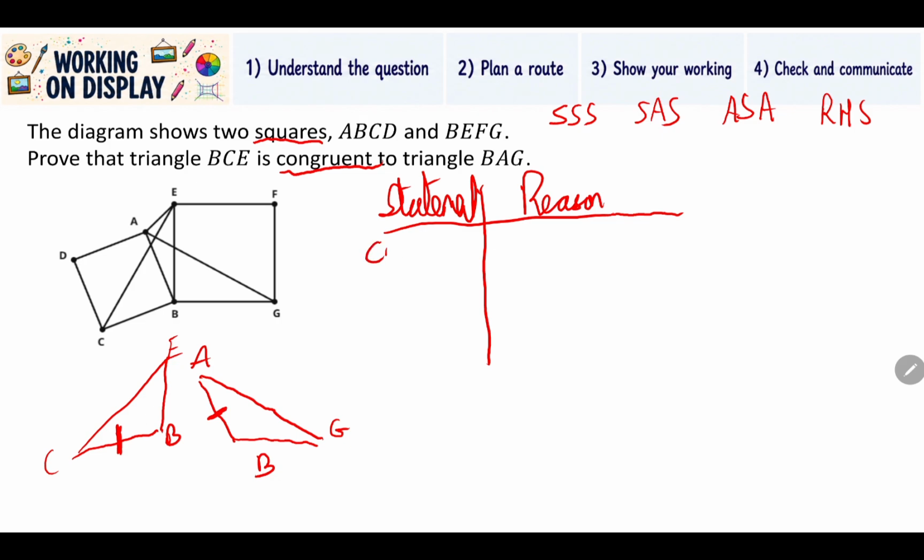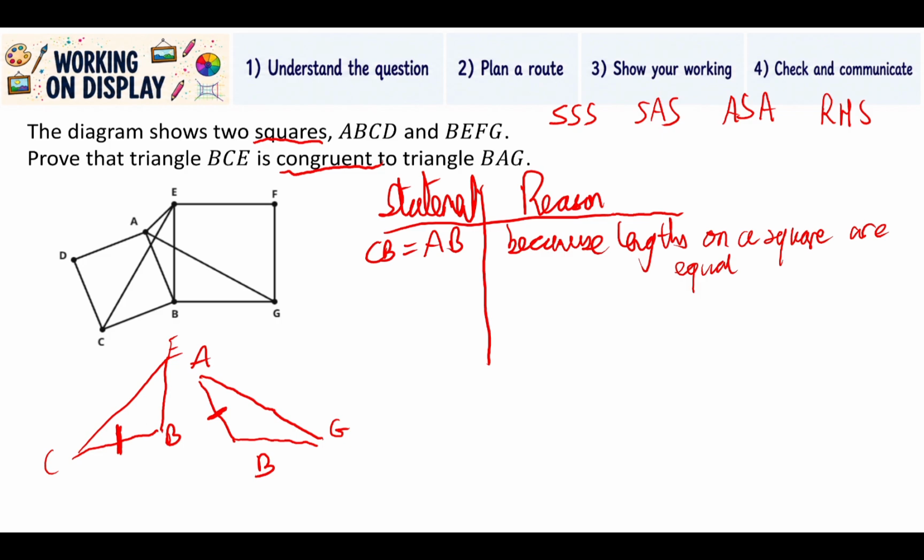That's going to be useful. CB equals AB, and then the reason is because lengths on a square are equal. So be careful to hit the keywords there, length and square and equal, but there are lots of ways you could write that have the same meaning.